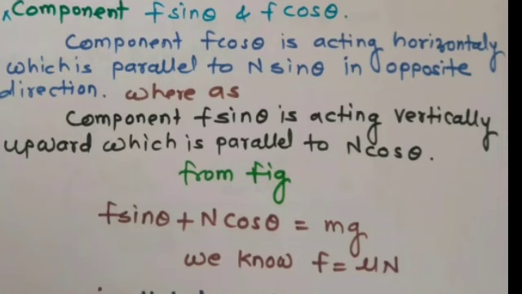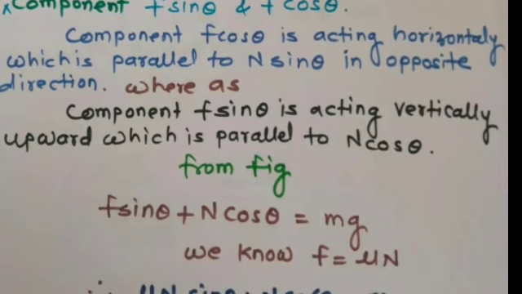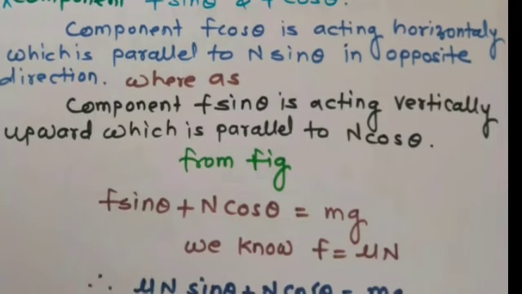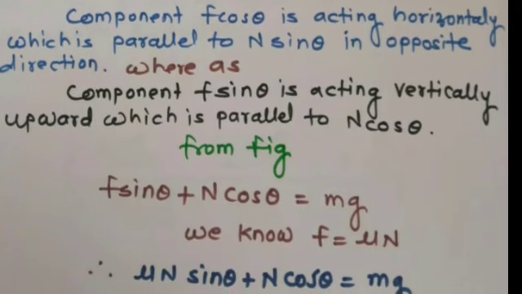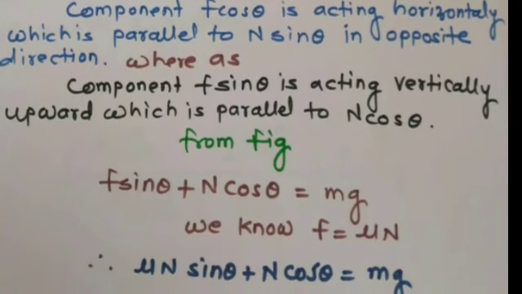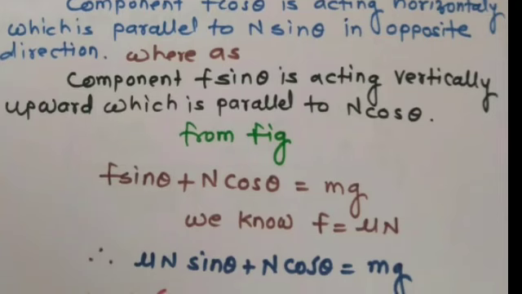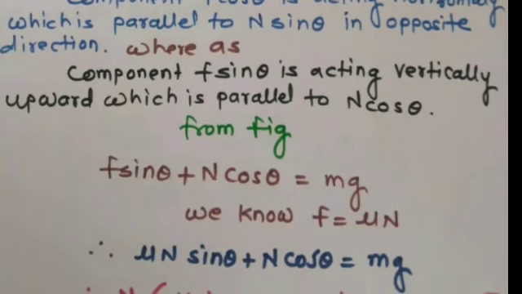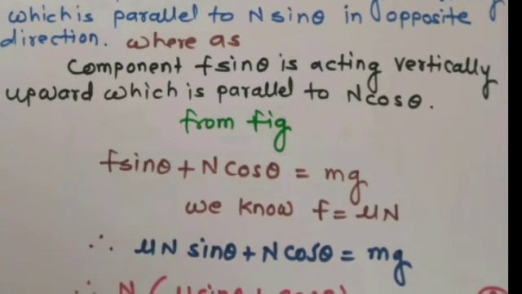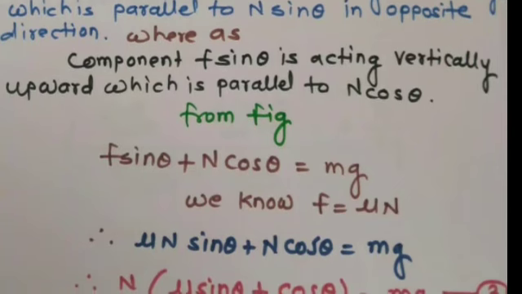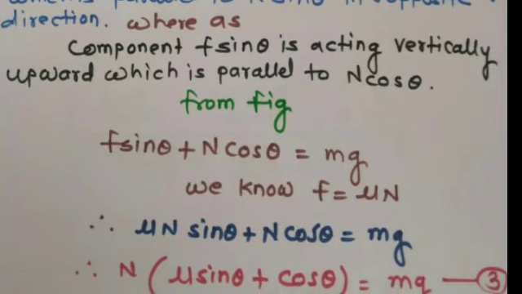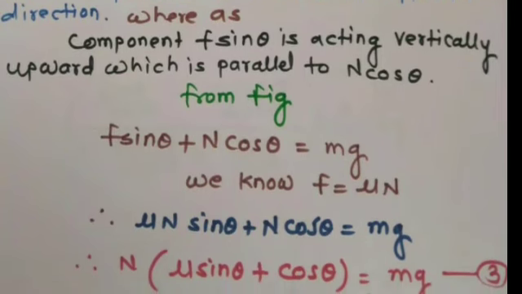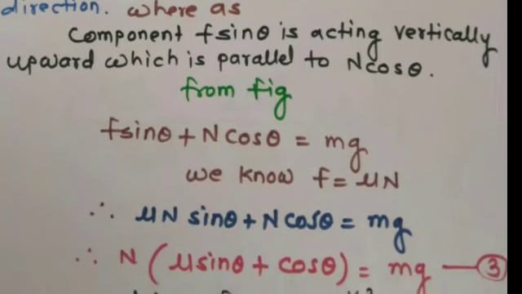From the figure, we see that F sin theta plus N cos theta equal to mg. We know F is equal to mu N. Substituting the values, mu N sin theta plus N cos theta equal to mg. Take N common: N (mu sin theta plus cos theta) is equal to mg.